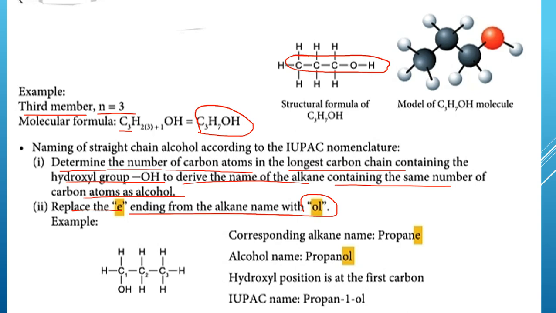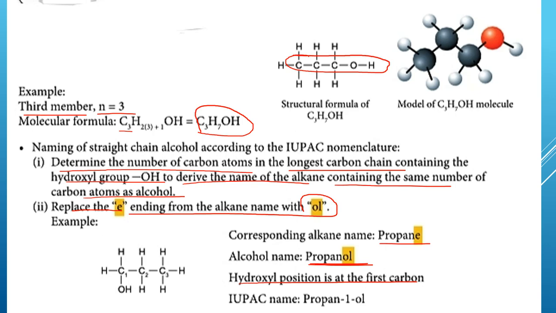Now we replace it to propanol. Propane is changed to propanol for the alcohol. So the hydroxyl position is the first carbon. So the IUPAC name is propan-1-ol. So this is the naming of IUPAC, International Union of Pure and Applied Chemistry.